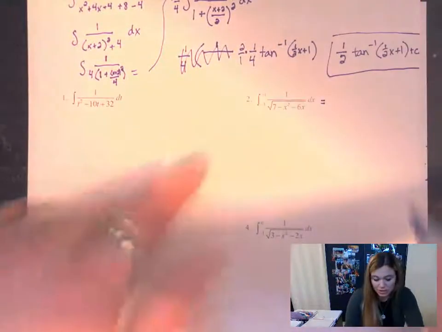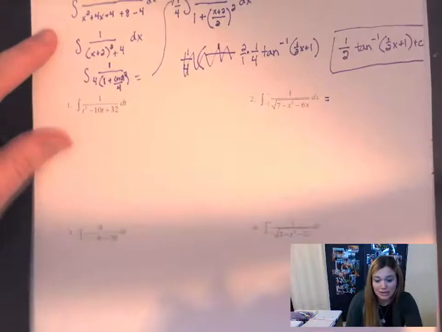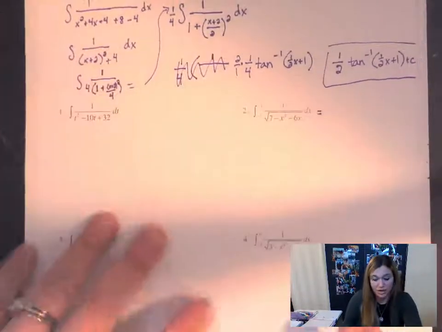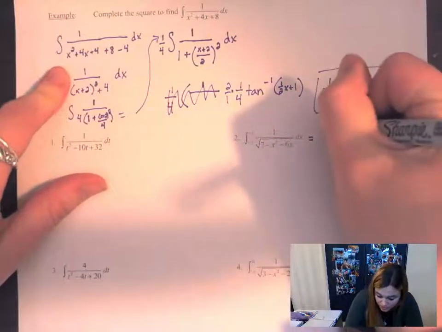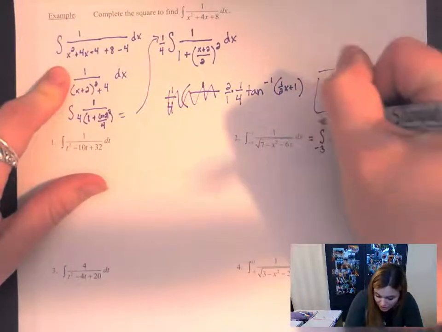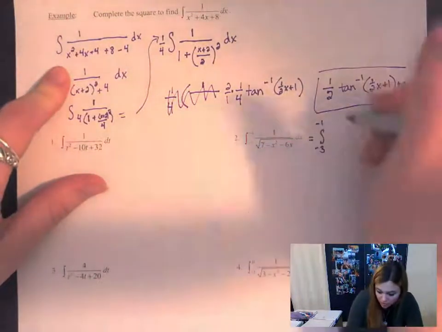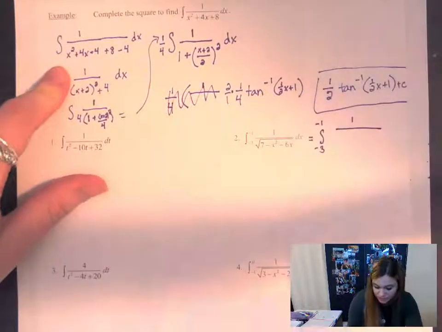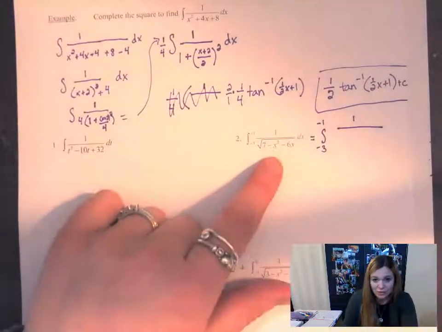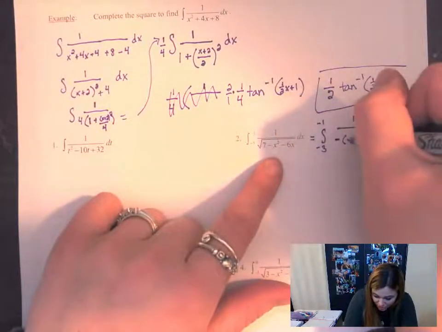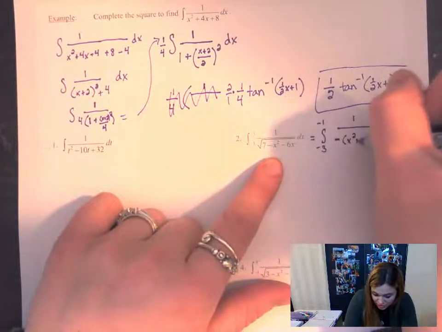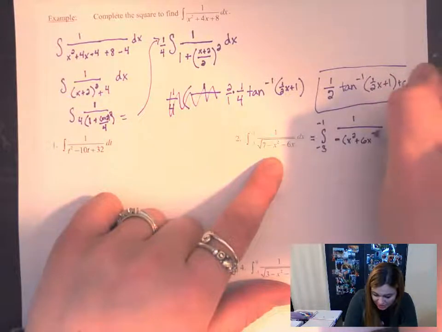What I'm going to do is just start rewriting it the same way I did up here. I'm going to complete the square, but do so under the square root symbol. So I'm still going -3 to -1. I'll have 1 over the square root. And here I'm going to rearrange this a little bit. I'm going to take out a negative, but only of the x squared and the -6x.